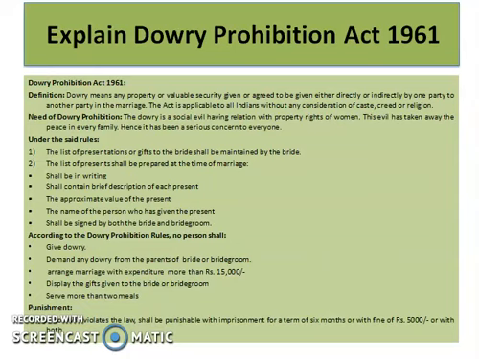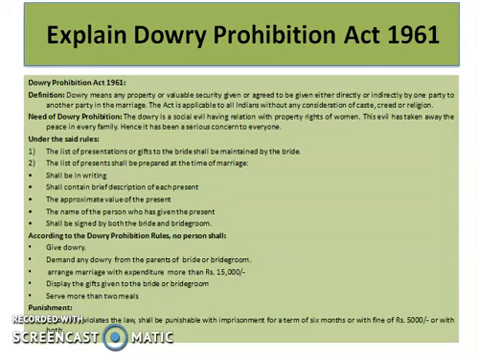Under the Dowry Prohibition Act 1961, the list of presentations or gifts to the bride shall be maintained by the bride. And secondly, the list of presents given at the time of marriage shall be in writing.